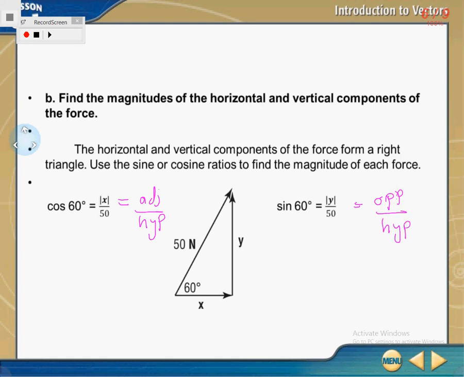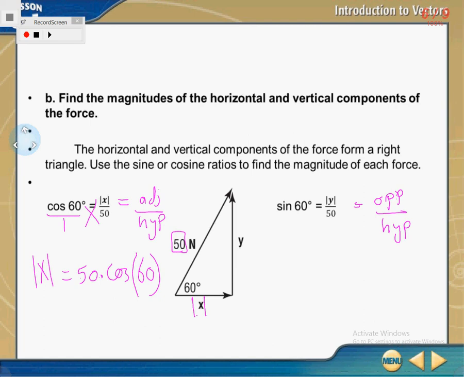I substitute the magnitude of x for the adjacent, and 50 for the hypotenuse. Then I cross multiply, so the magnitude of x will be 50 times cosine 60. Please put the brackets and the multiplication so you will not have the wrong answer.